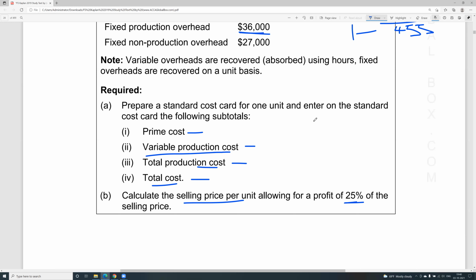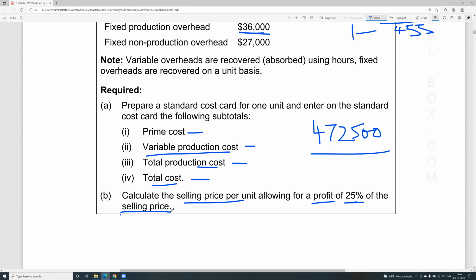The cost of the product is 472,500 for 900 units. We're just finding out the cost. Now what we have to do is allow a profit of 25% of the selling price.